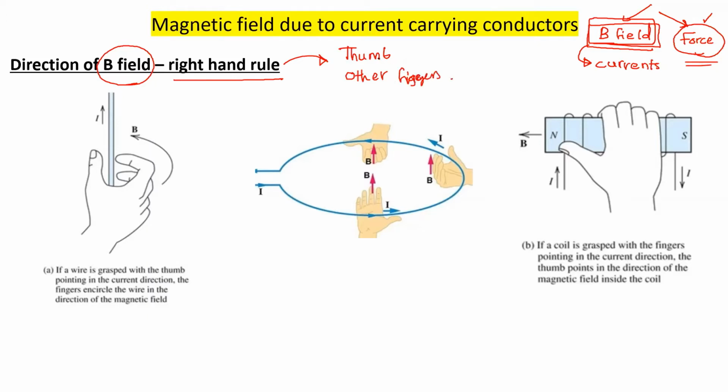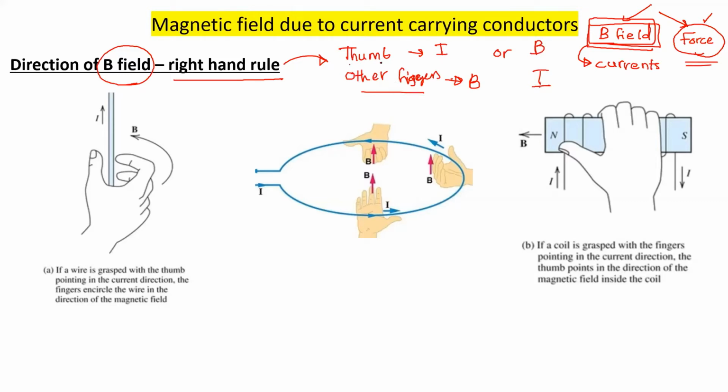So you can use your thumb to represent current. If you do that, the other set of fingers will bend towards the B field. Or you can use the other set of fingers to represent current. If you do that, your thumb will tell you the direction of the B field.